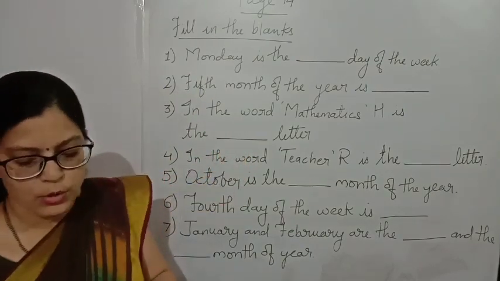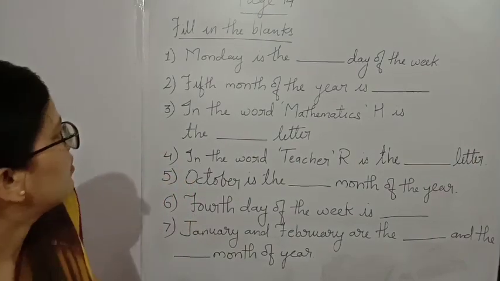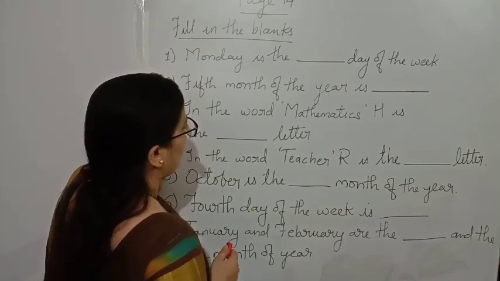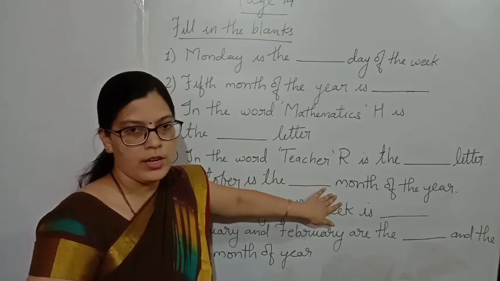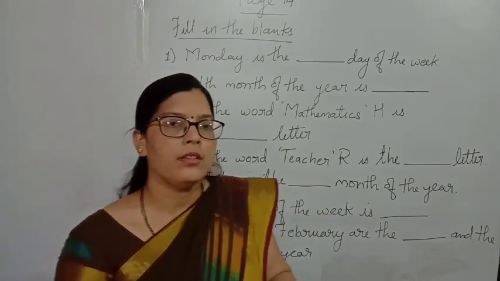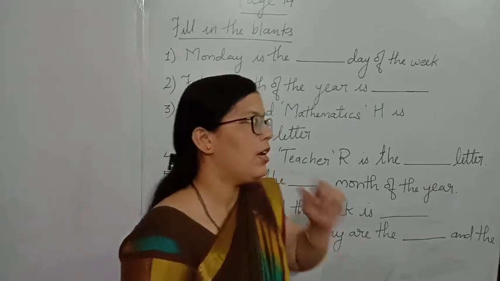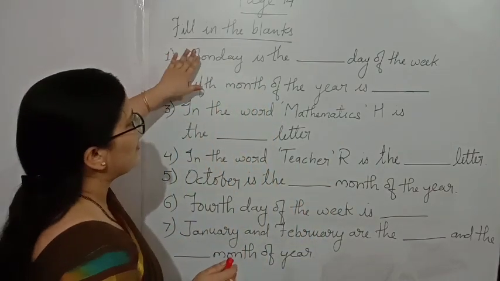Some of these statements are about week and months. You already have learned the days of the week and months of the year in class 1. The first day of the week begins from Monday.